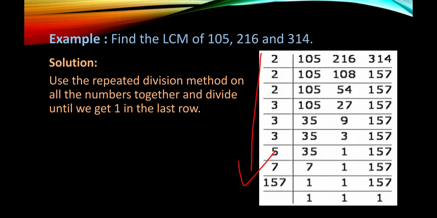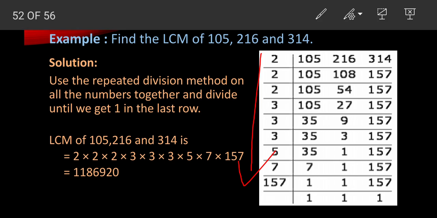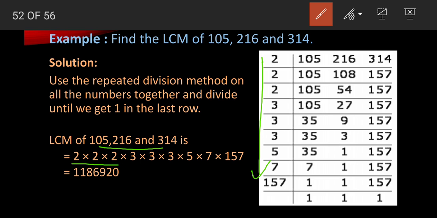So the next step is we have to multiply these factors. So the LCM of all these three, that is 105, 216 and 314, is: write the factors 2 multiplied by 2 multiplied by 2, 3 times, again multiplied by 5, 7 and 157.